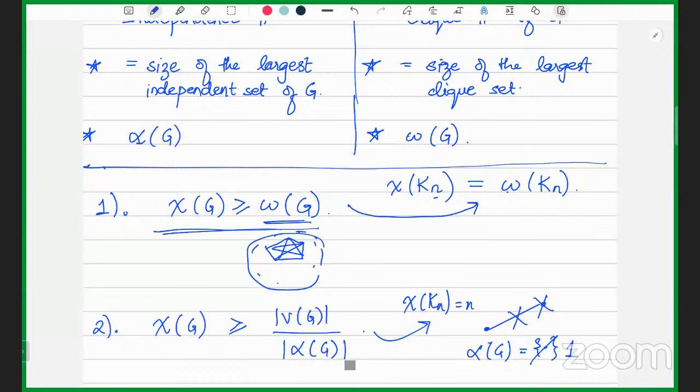Of course the second bound is not that useful, but the first bound is useful. So that's why I'm asking. I'm not sure if there is a full characterization of the graphs for which this is equality, and for anything outside this class it would be a strict inequality. I don't think that is true. Okay.